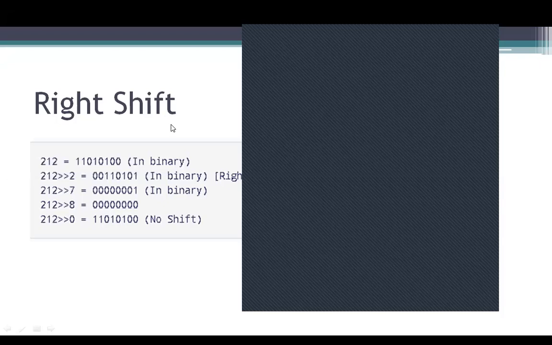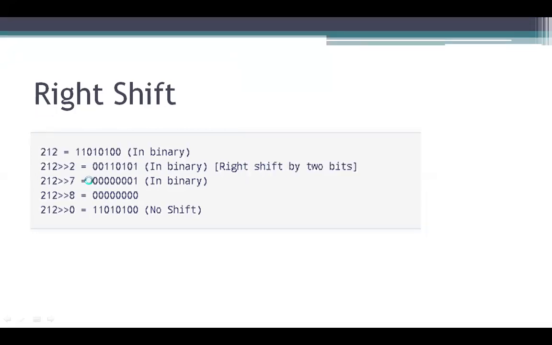Since it's not been converted to decimal, it might be okay. Let me show it as 8. Okay, 0, as we have seen here. You can see here 212 right shift 0, no shift. So 212 is the answer. So this is about right shift.